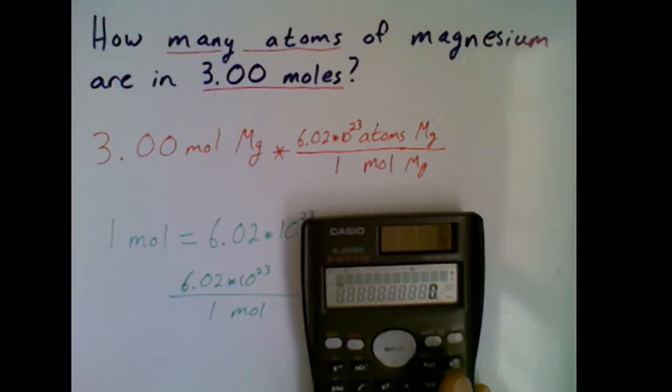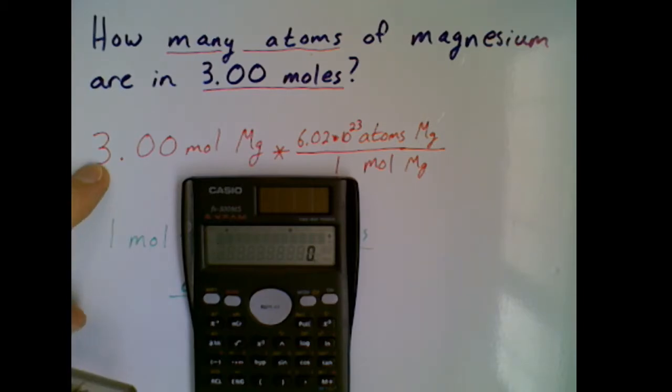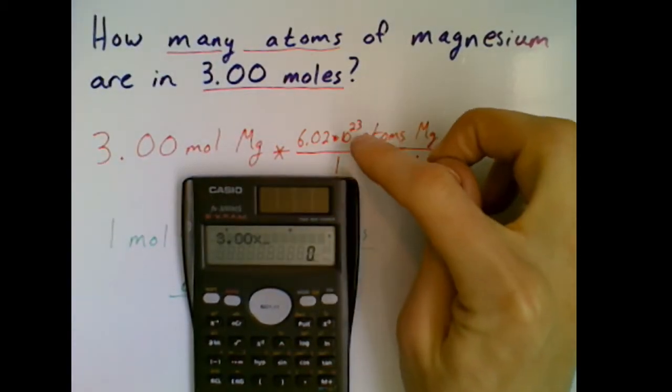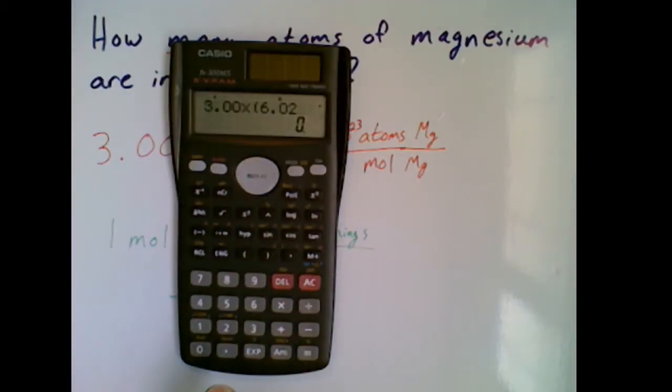So here's where you definitely need your calculator. What we're going to do is we're going to take our 3.00, multiply by, and just for my own sake, I like to put this in brackets when I use my calculator. So bracket 6.02. Now, rather than go times 10 to the power of, don't do that. Instead, you should have a button on your calculator that does this for you.